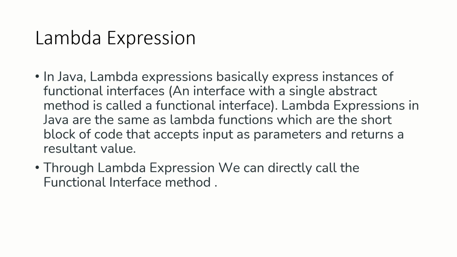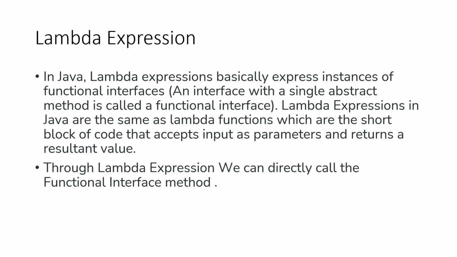So this is about the Lambda expression, how it looks, what the body of the Lambda expression is, what the parameters are, and all those things we are going to discuss in the coming videos when we explain the Lambda expression through real implementation. So this is the brief introduction of the Lambda expression feature of Java 8. Lambda expression helps us to implement the abstract method of the functional interface.